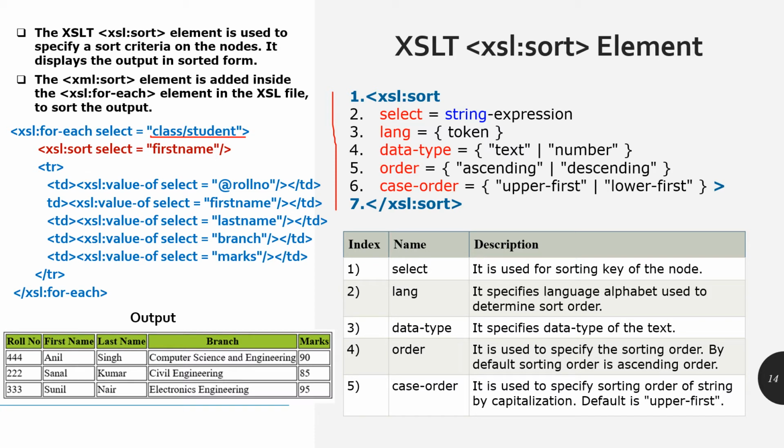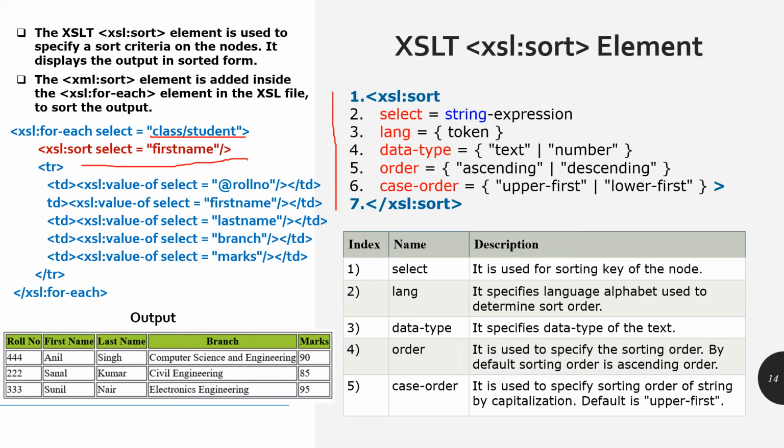Okay, then we can also specify ascending order or descending order. And then upper-first capitalization, the case order, also we can specify. An example is included here. You can see the example here, same thing.